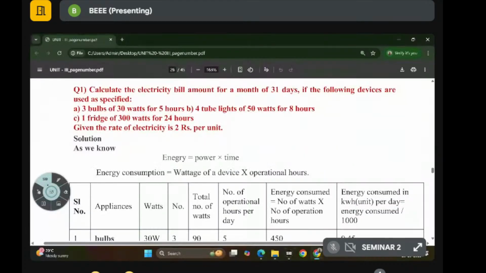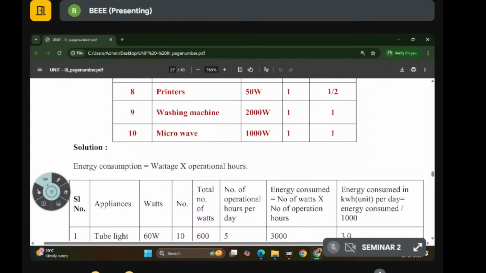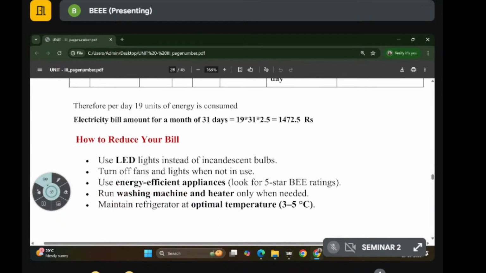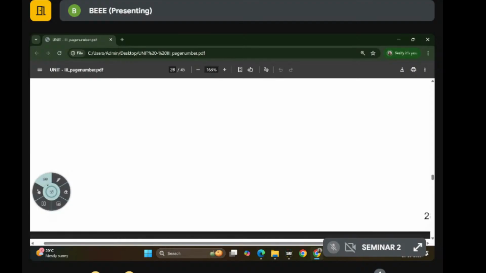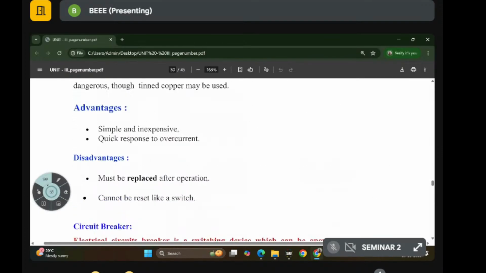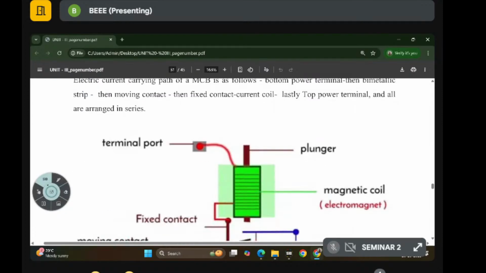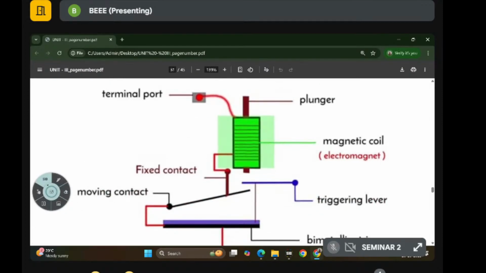So this diagram is important with respect to fuse and MCB. The principle is the same, but here it will not melt, the switch will trip. This one circuit is enough.